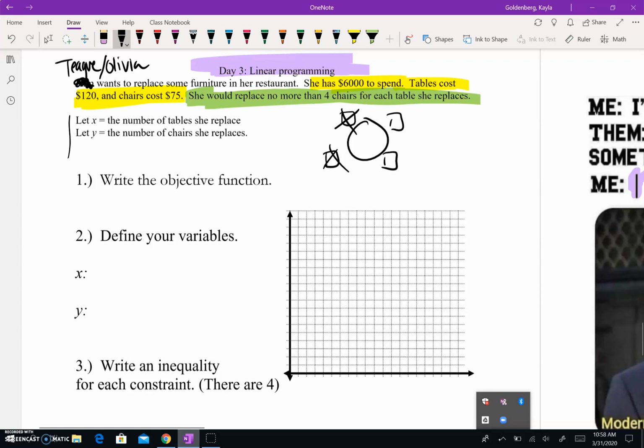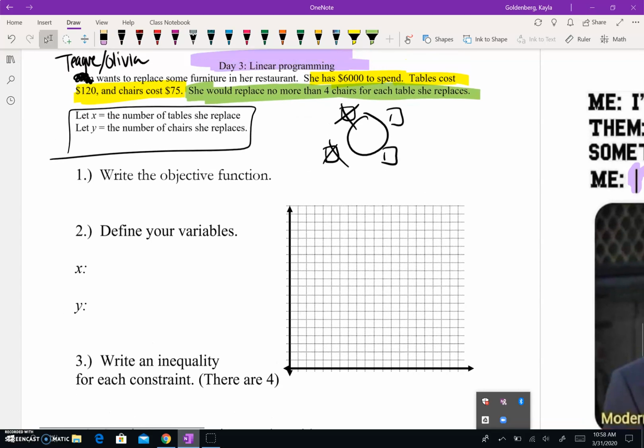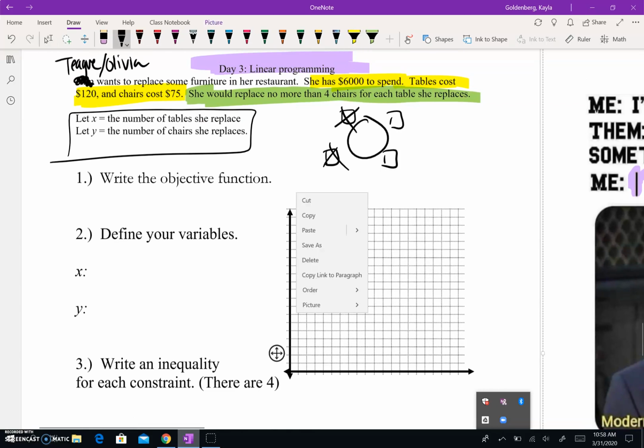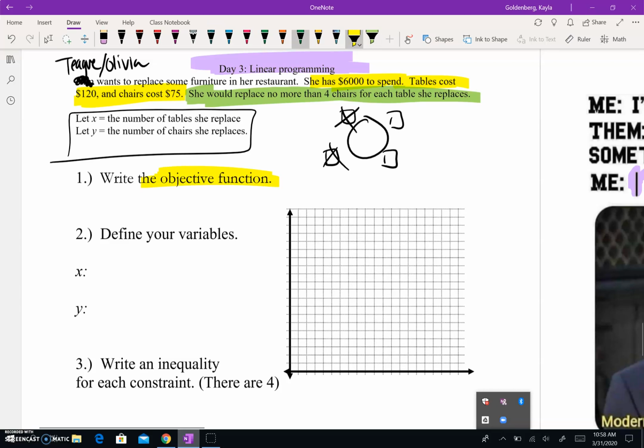We're going to call X the number of tables she replaces and Y the number of chairs she replaces. So remember our objective function is all about money. So in the description, the yellow clues I got were money.